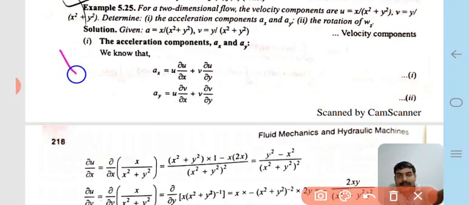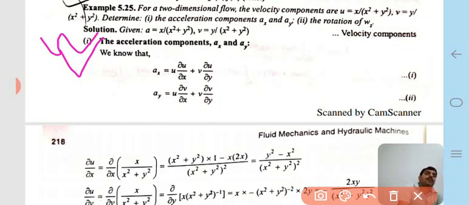Now we come to the solution part. First part: the given velocity components are u is equal to x upon x square plus y square, and v is equal to y upon x square plus y square.